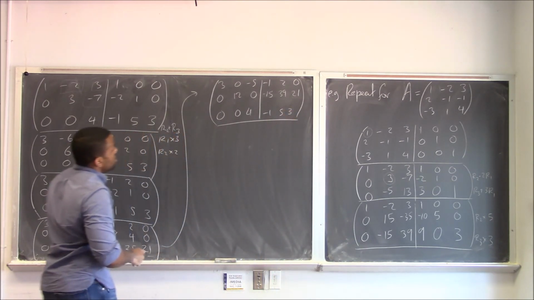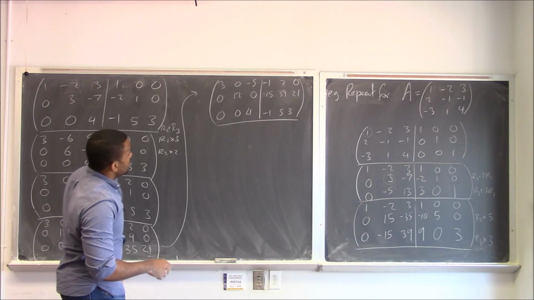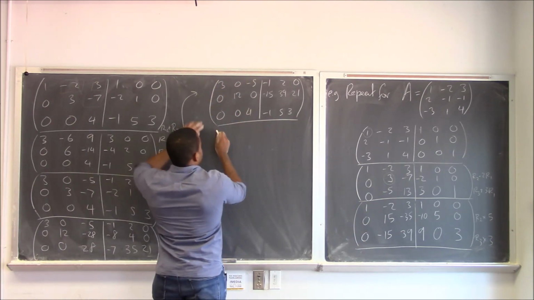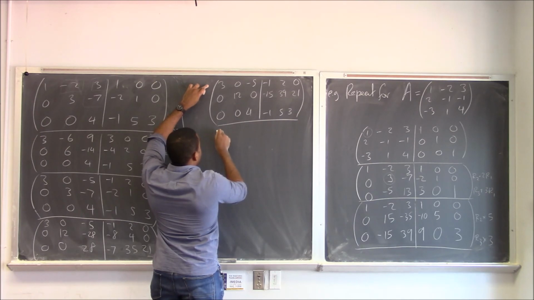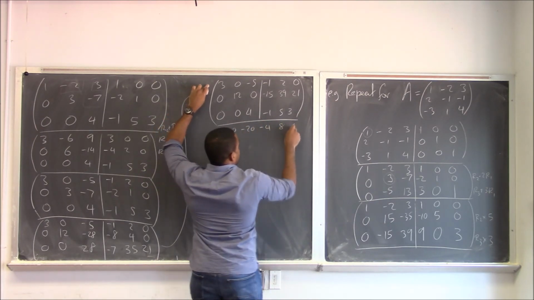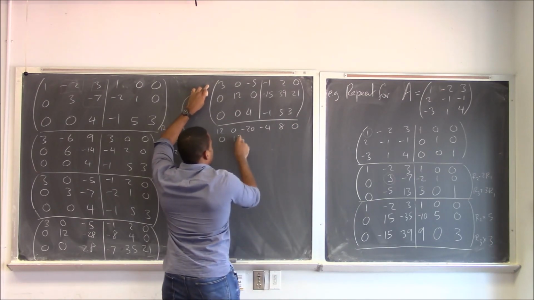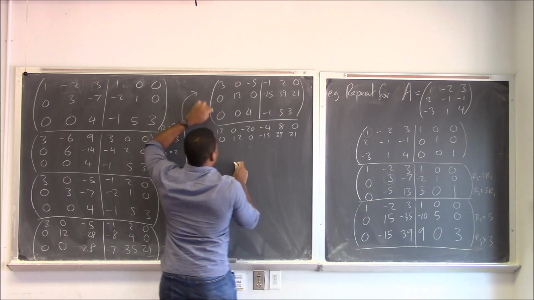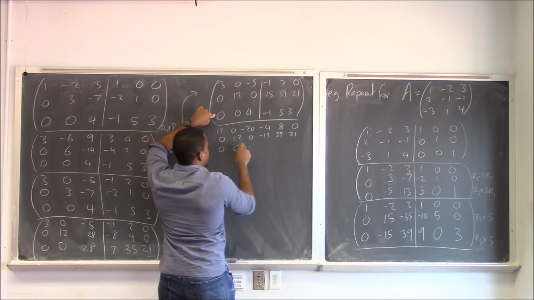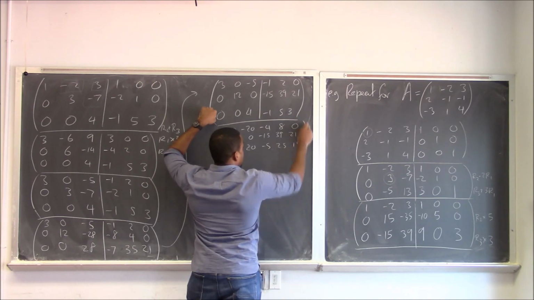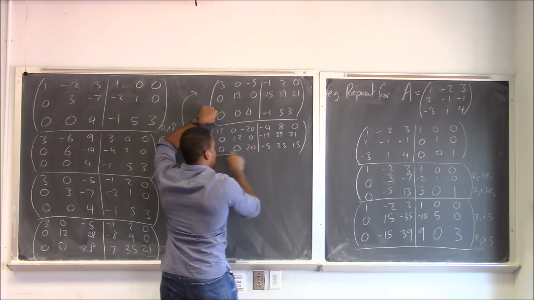What else do I need to do here? I need to kill that guy. So let's multiply this guy by 4. And multiply this one by 5. We're almost there now.